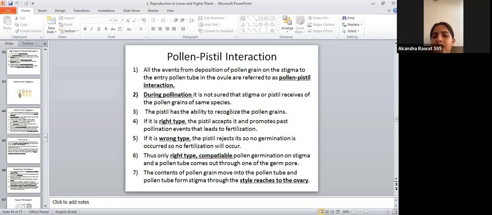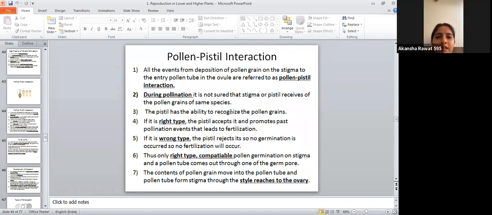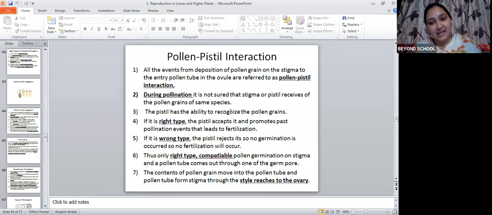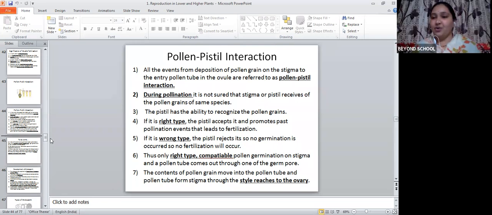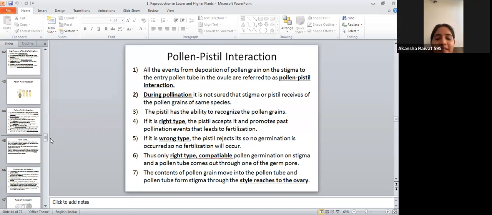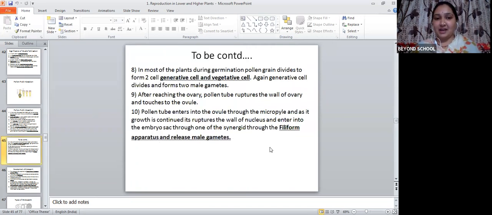So it is going to send the whole of its content via the pollen tube. From the pollen tube it is going to pass through the style, and the main aim is to reach our ovule, towards the ovule and then towards the embryo sac. In this way, this interaction is carried out.